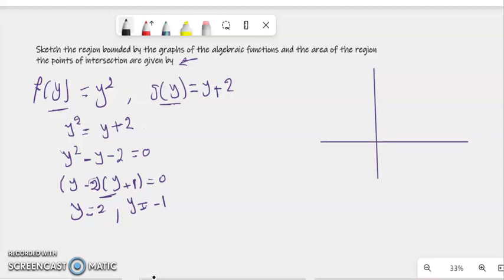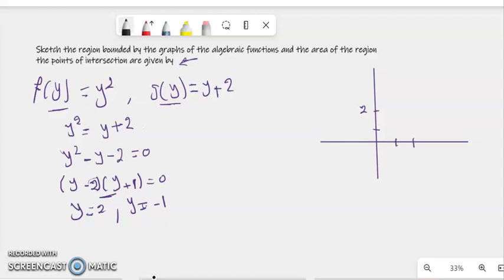Okay, let's start with this, y plus 2. We want to substitute for this value. So when y equals 2, g of y equals 4. So y equals 2, g of y equals 4.